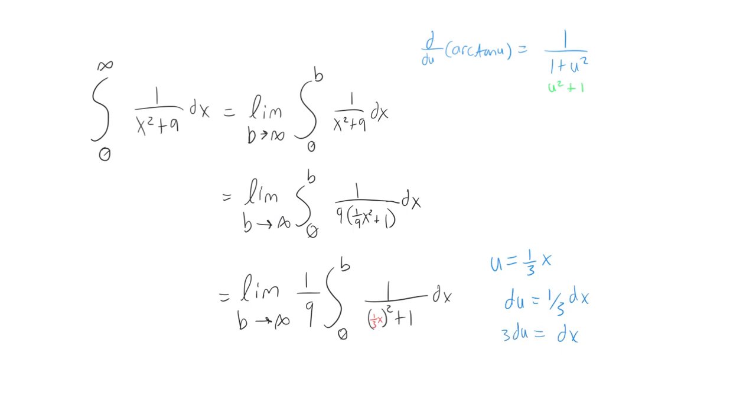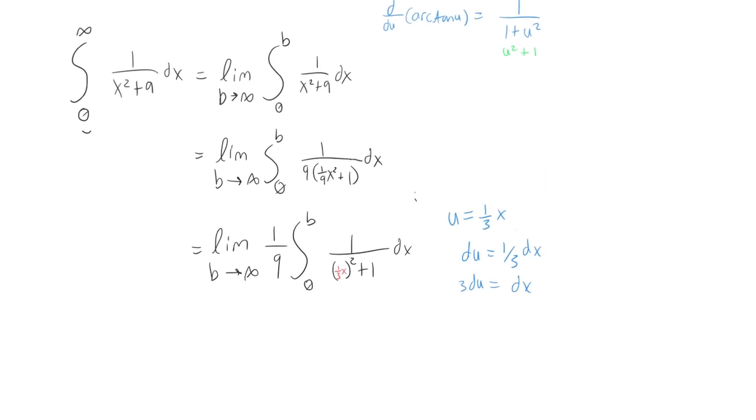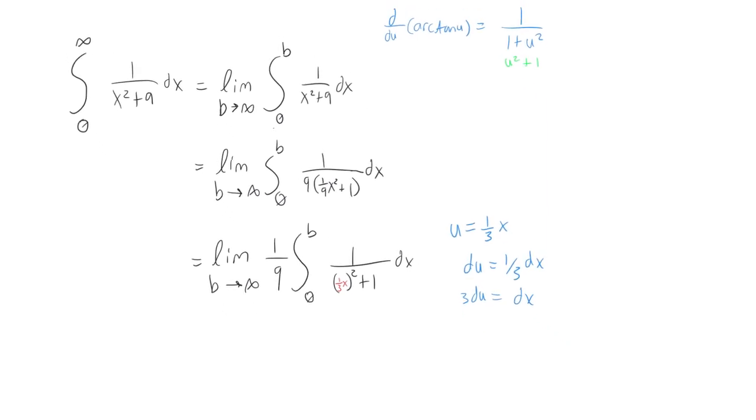At that point, we are ready to substitute all the values in. I'll rewrite this part. So we have the 1/9, we have b, we have 0, we have u squared plus 1, and instead of dx, we'll write 3 du.